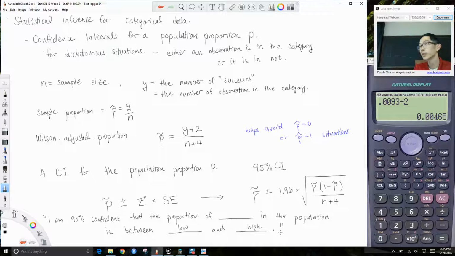And if you remember all of the interpretations, like, should I go over confidence interval stuff?